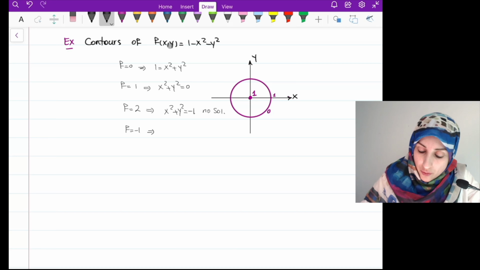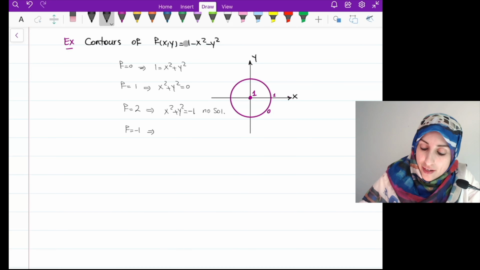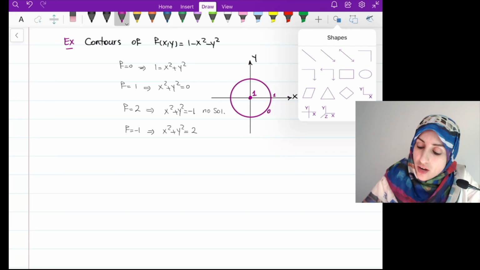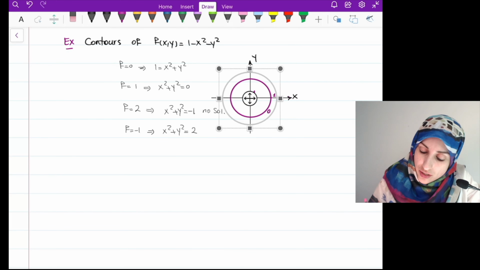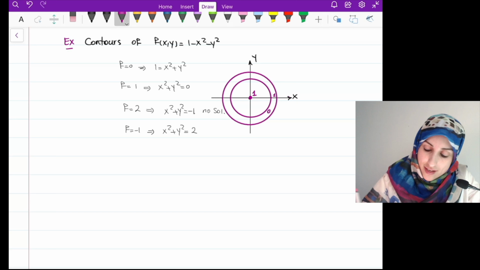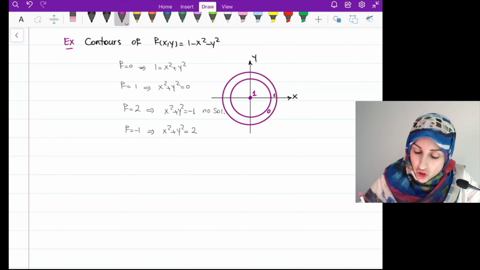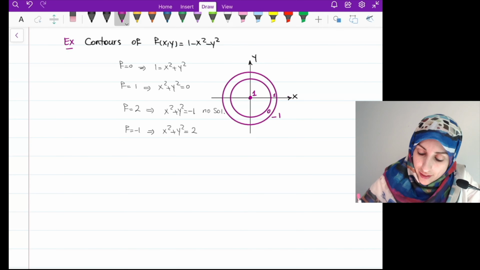And then f equals -1. I plug in -1 in here, and then I bring 1 to the other side. So I get x squared plus y squared equals 2. So it's a circle of radius square root of 2, something like this. Let me just move this one to the center, and this is the circle of radius square root of 2 for the level curve -1.